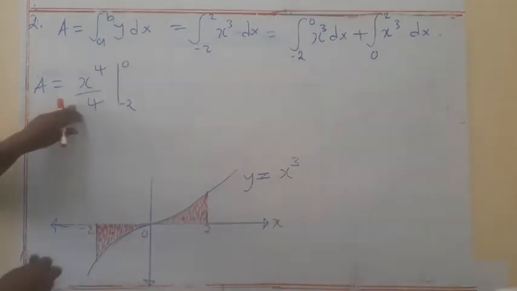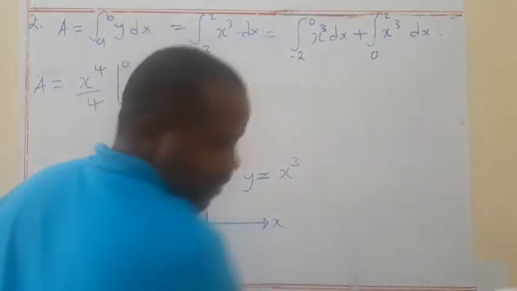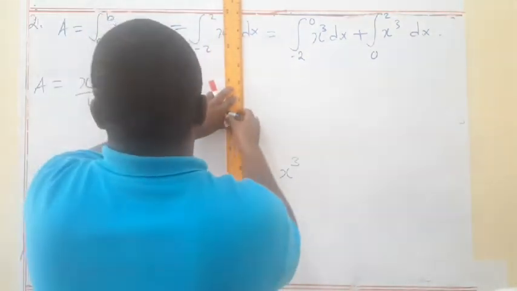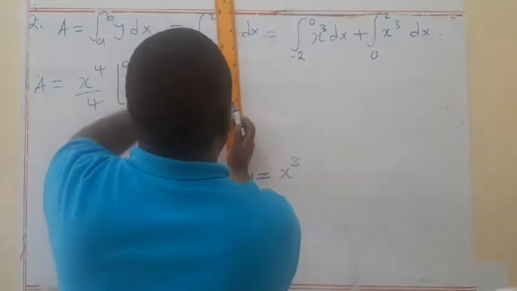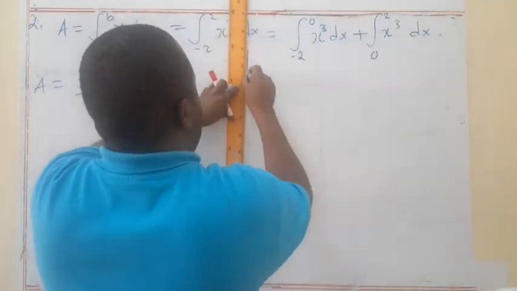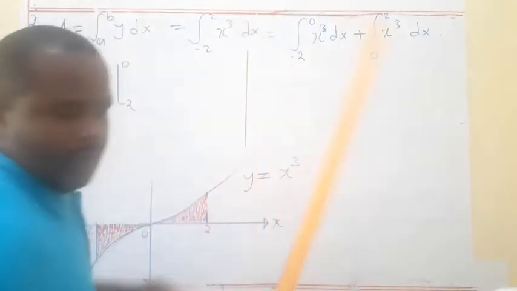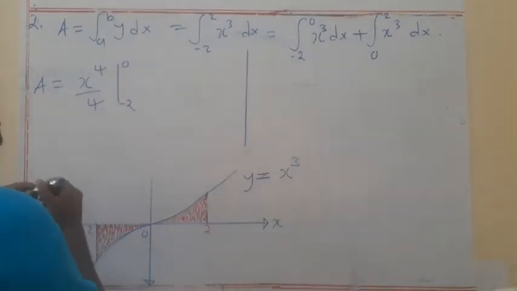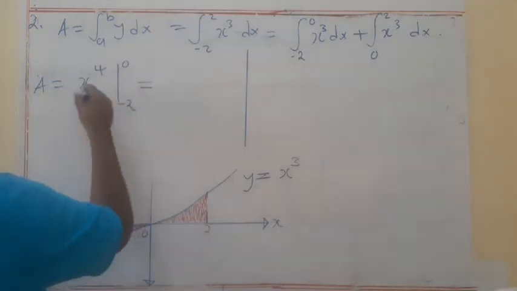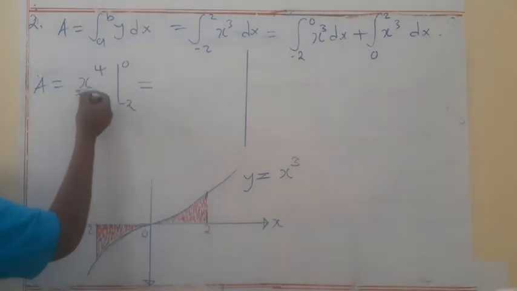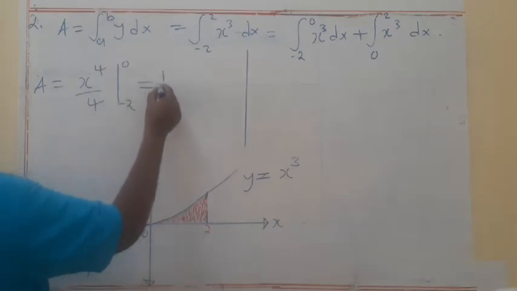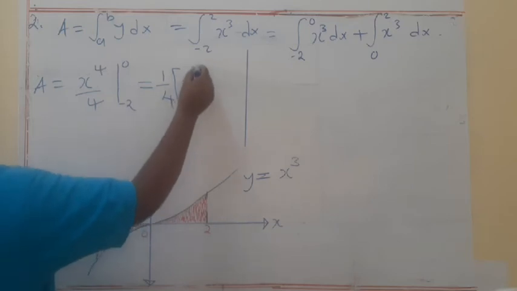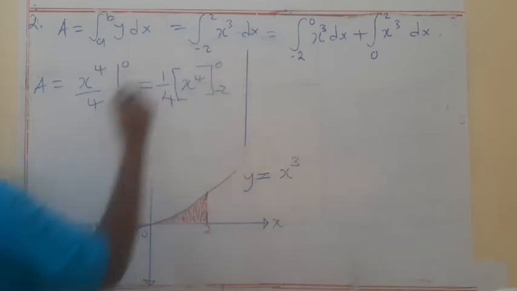Okay, so what I'm trying to do here is to get this area first. So let me try to segment, alright? That we see what we're going to do. So, what does this mean again? We can say, since here we have x to the power 4 over 4, which is like 1 over 4, x to the power 4, negative 2 to 0.